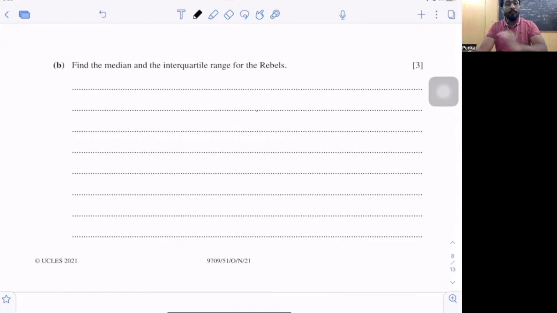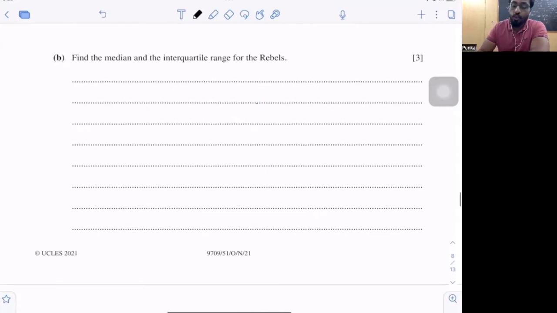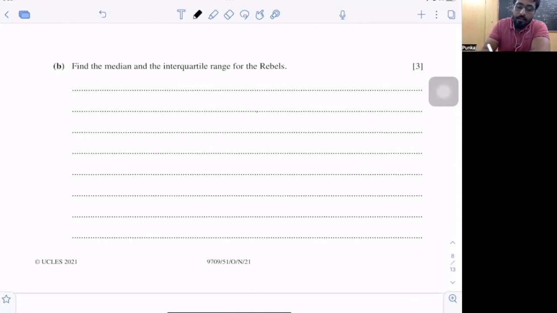So to find the median, what you should be doing is finding n upon 2, where n is the number of observations. This value n upon 2 I'm going to call r.